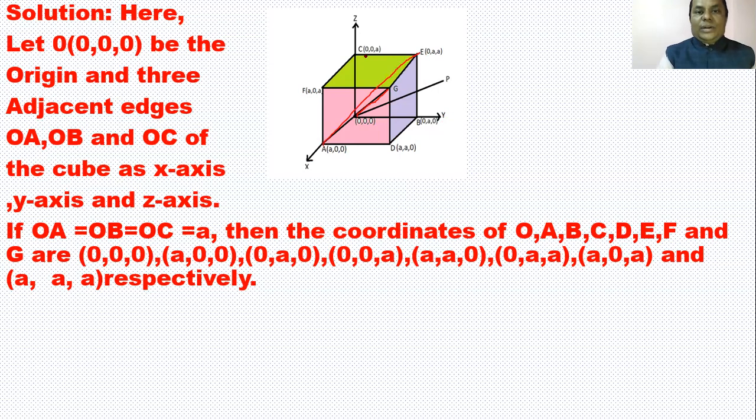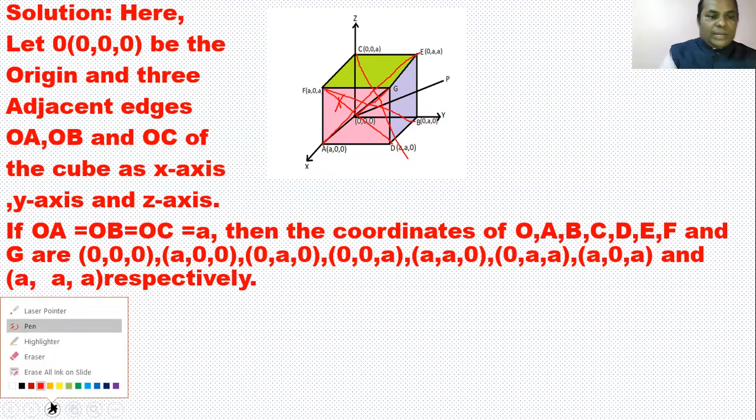Please don't take DF, because DF is on the same plane, so it is not a diagonal. Another diagonal is CD, and the fourth diagonal is BF. You have to get them this way.